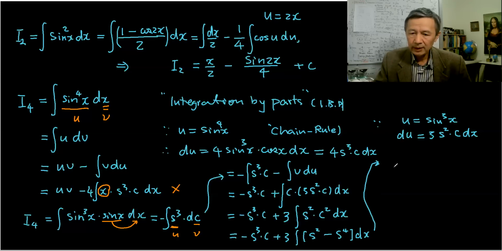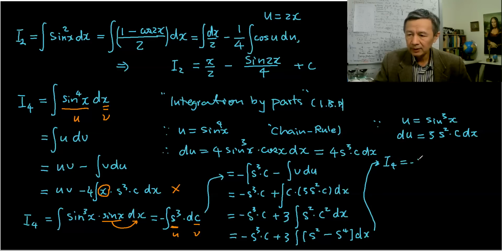So we'll just continue over here. If you forgot what I'm doing, basically we have I4. I4 can be written as this integral, the sum. So we have 3 terms.